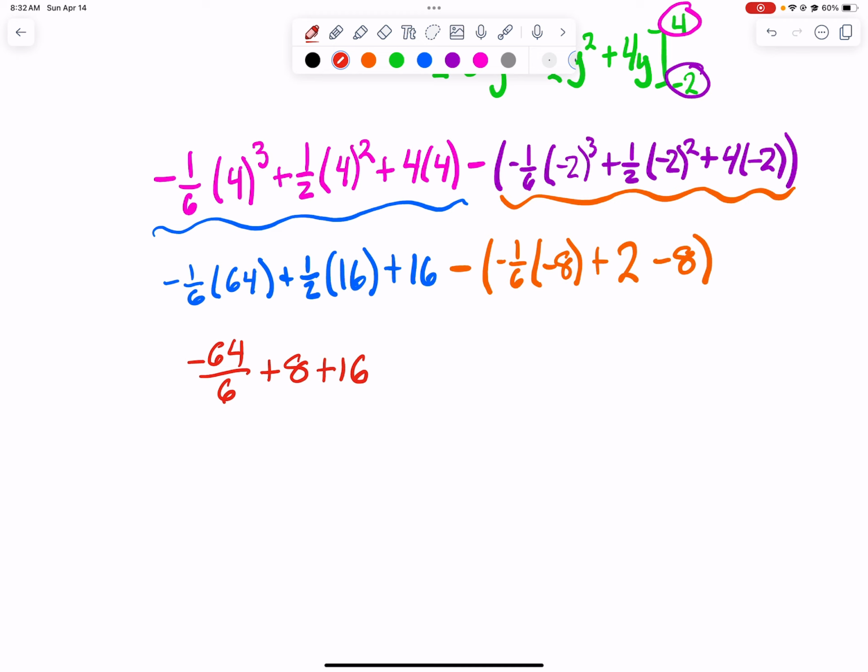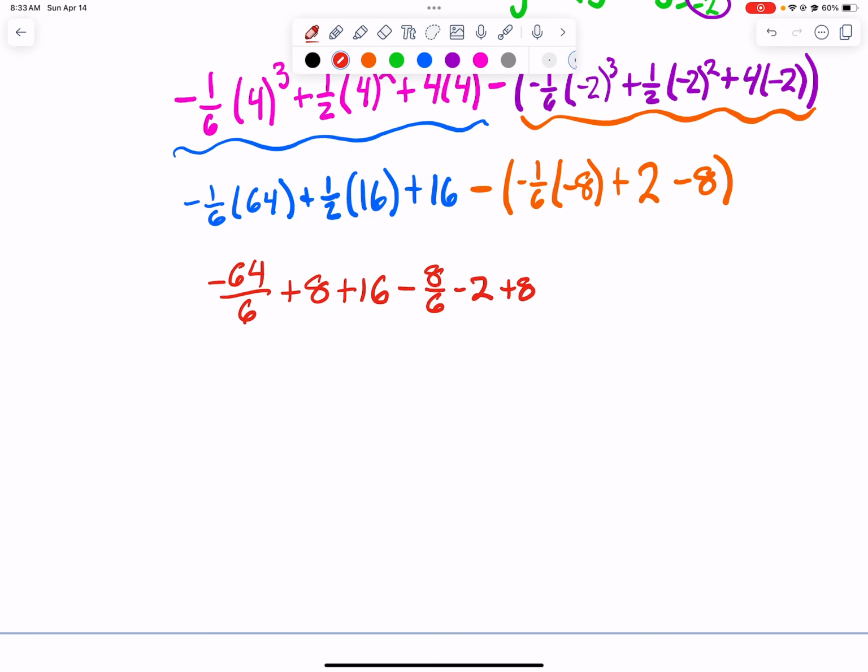Negative 8 times negative 1/6 is going to give me 8 over 6, and we're going to take a negative because we're subtracting. So negative 8/6. I have 2, and I'm subtracting the 2, so it's minus 2. I have negative 8, subtracting the negative, so it's going to be plus 8.